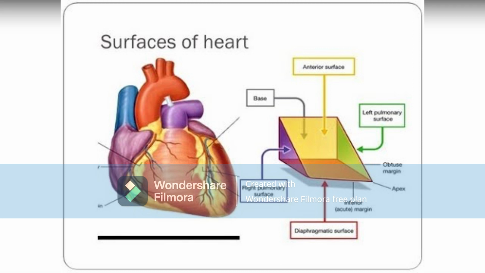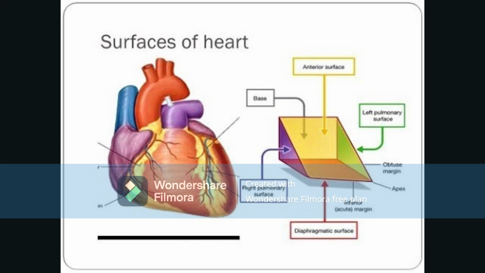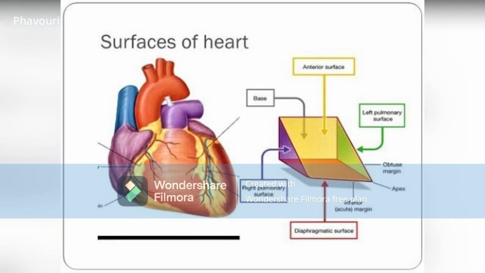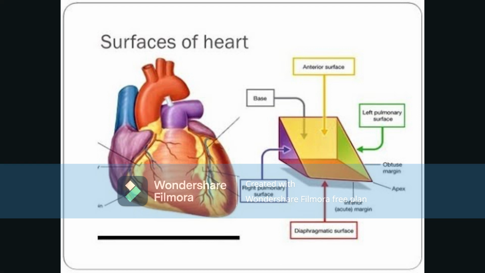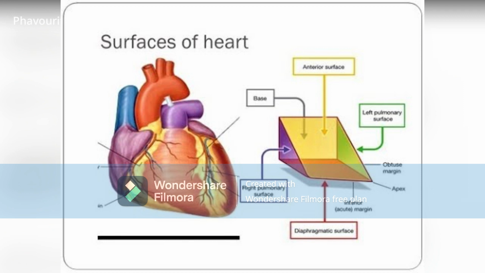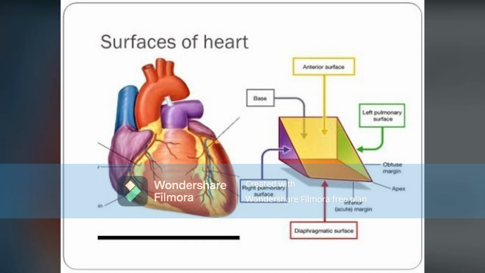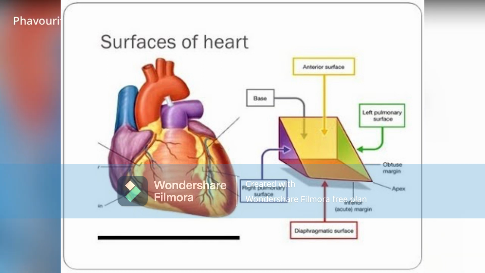Okay, so this anterior surface, that is the sternocostal surface, is formed mainly by the right ventricle, while the diaphragmatic surface, that is the inferior surface, is formed mainly by the left ventricle.